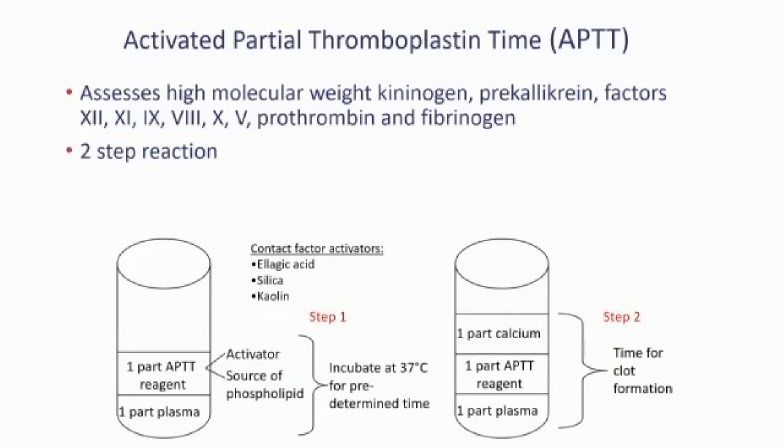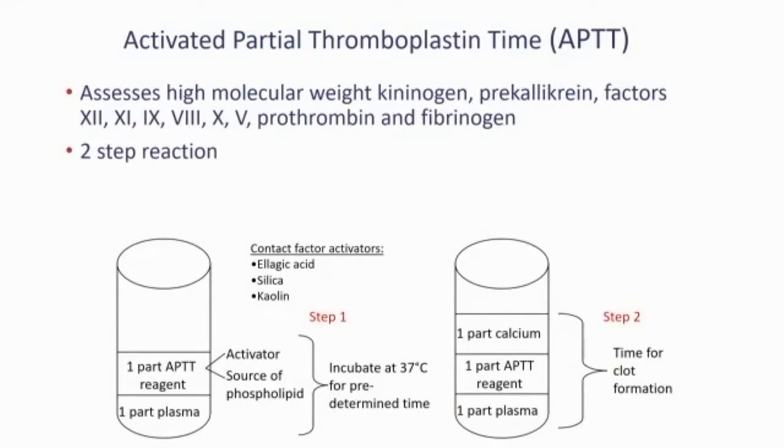It is a two-step reaction where we have to pre-incubate the patient's plasma with the PTT reagent. It's not a long incubation. It's usually anywhere from 3 minutes to 5 minutes, but it is a standardized time depending on the reagent instrument combination in your lab. But we have to allow that 3 or 4 or 5 minutes in order to allow contact activation.